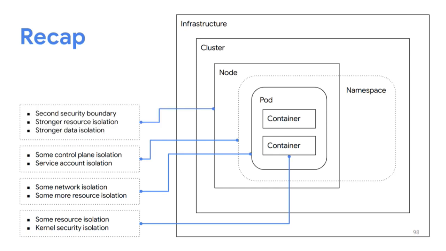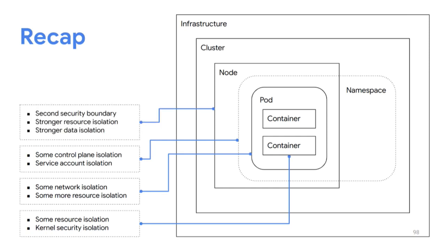So to recap, we started out at the container level talking about some resource isolation that we get and a number of kernel security features that harden that container isolation boundary. At the pod level, we add in network isolation and a little bit more resource isolation. With Kubernetes namespaces, we get stronger control plane isolation.